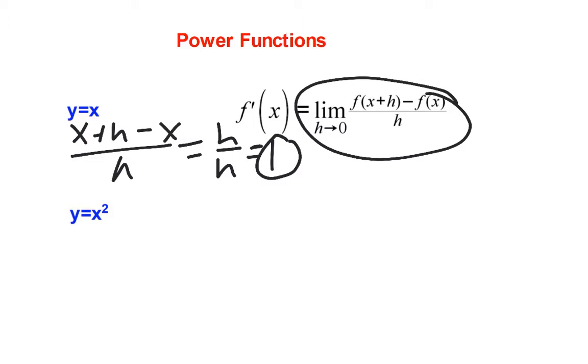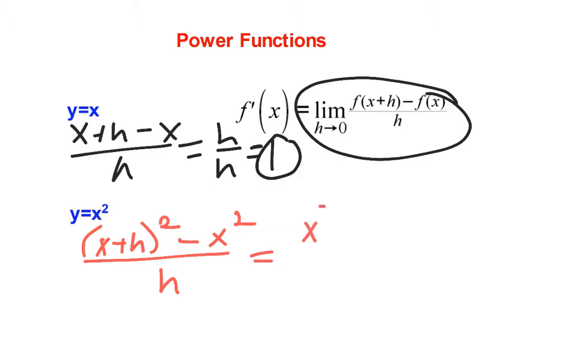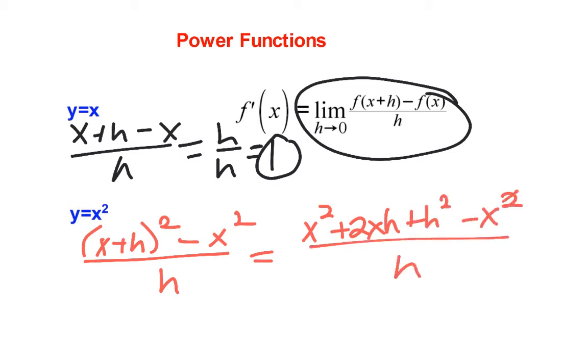For x squared, this is going to be x plus h squared minus x squared, all over h, which gives me in the numerator x squared plus 2xh plus h squared minus x squared, all over h.